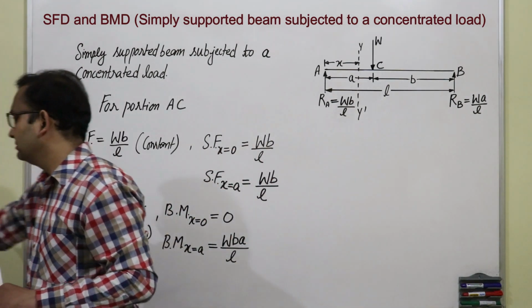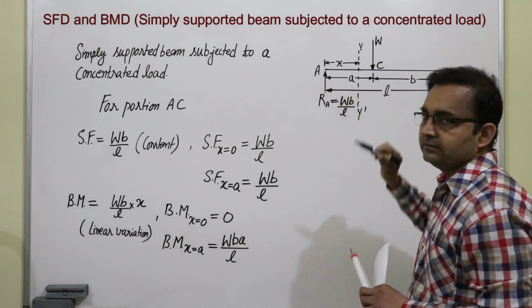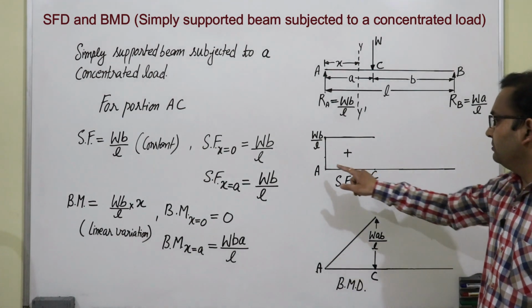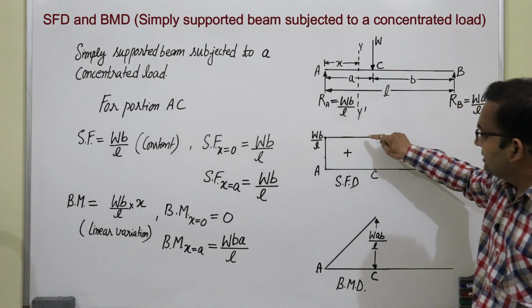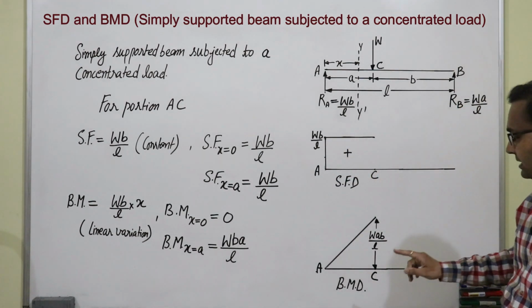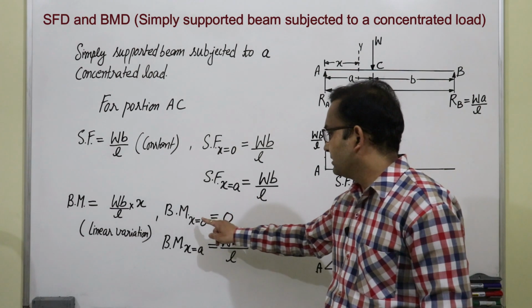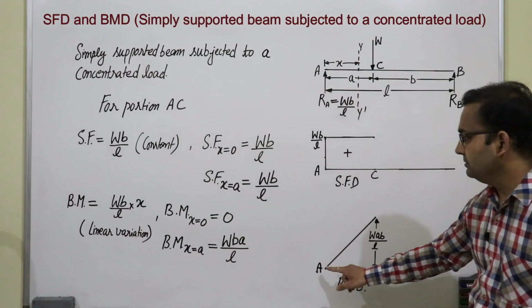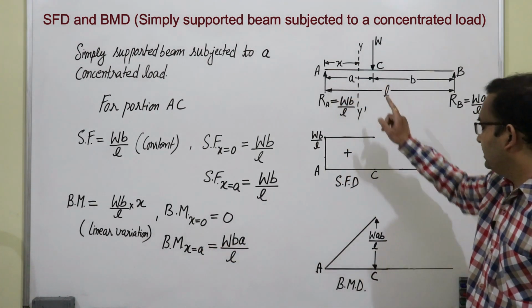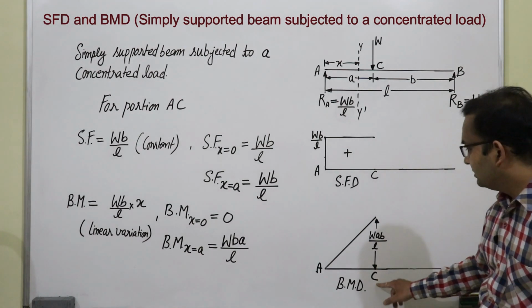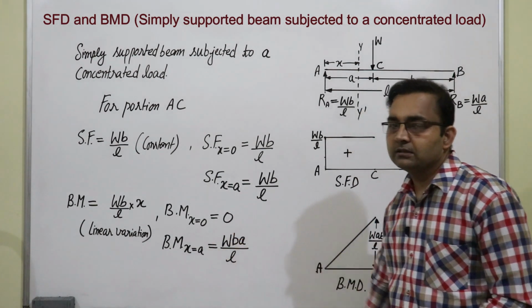So, we will draw the shear force diagram and bending moment diagram for portion A to C. From A to C, shear force is constant, and in the bending moment diagram, bending moment at point A, x equal to 0, is 0, and up to point C it is WAB by L. WBA or AB are both the same.